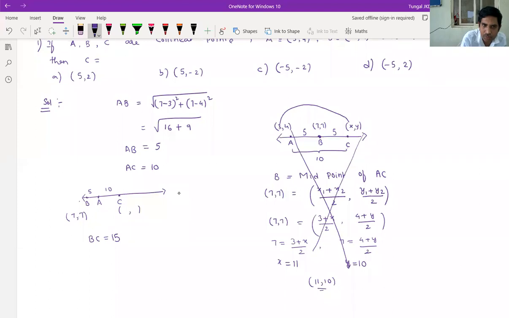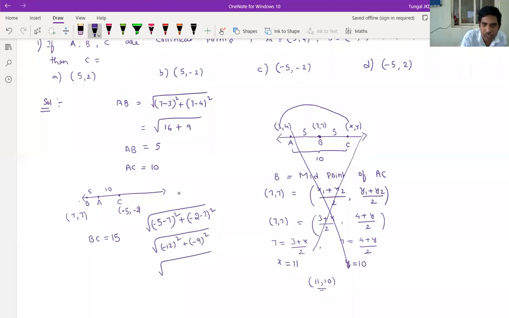Understood? Suppose you take this as -5 comma -2, apply the distance formula, what will we get? -5 -7 whole square plus -2 -7 whole square. -5 -7 is -12, plus -2 -7 is -9, whole square.